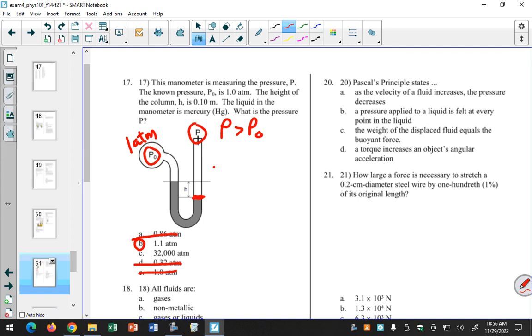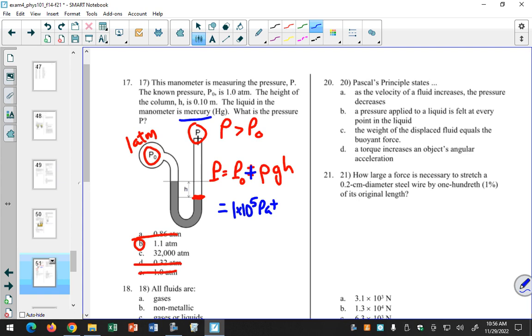So P is bigger than P naught, so I know that P is equal to P naught plus or minus rho g h. In this case, that plus or minus is going to be plus because P is bigger than P naught, so P is equal to P naught plus something extra. That's equal to 1 atmosphere, or 1 times 10 to the 5th pascals. You do need to do that conversion into SI units, and pascals are the SI unit, plus rho.